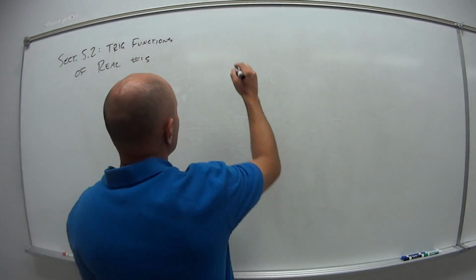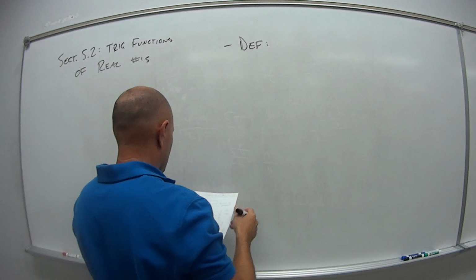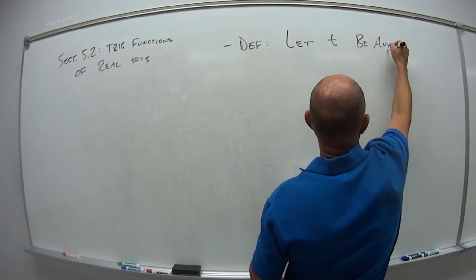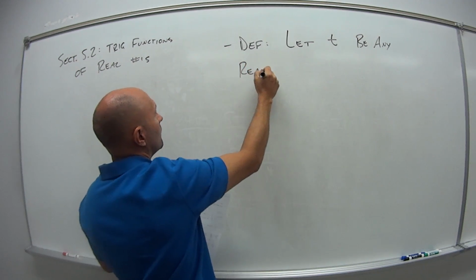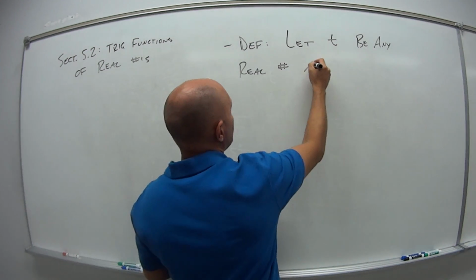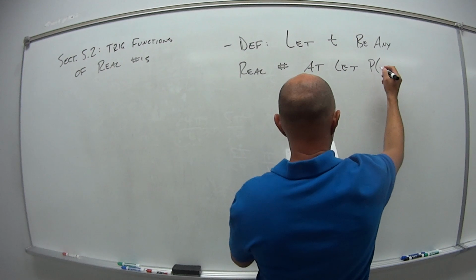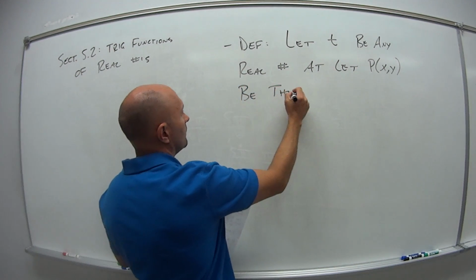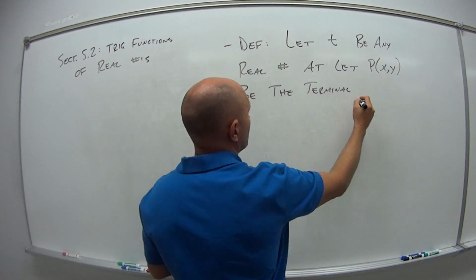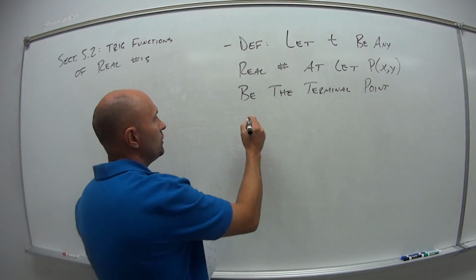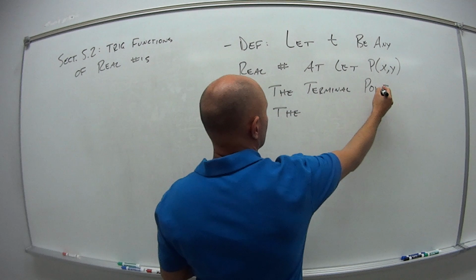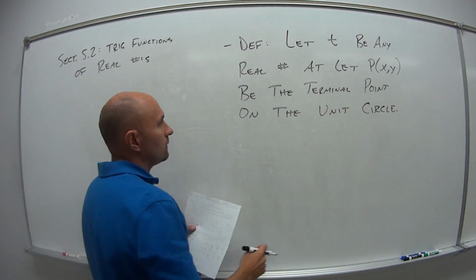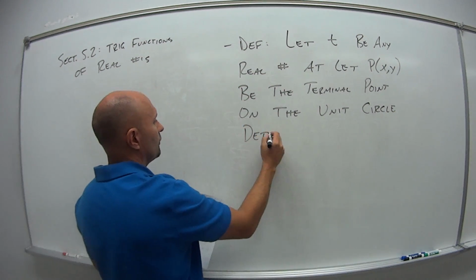So let me give you a definition of what we're talking about here. Let t be any real number and let the point P, which has coordinates x, y, be the terminal point on the unit circle determined by t.